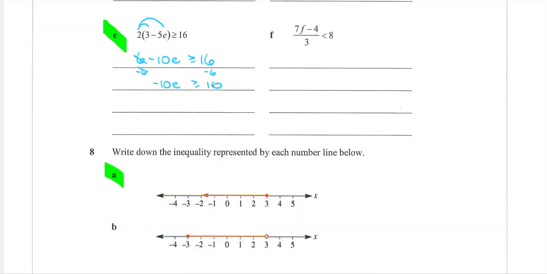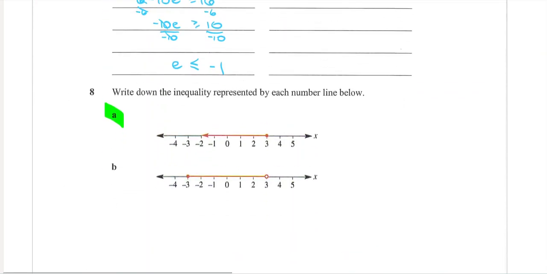This is the trick step. What's my next move? Divide by negative 10. But because I am dividing by a negative number, e will be less than or equal to. I've turned the sign the other direction, and 10 divided by minus 10 is negative 1. So look out, that's when you reverse the sign around. Look out for dividing by a negative. That's the most common time when you turn it around.